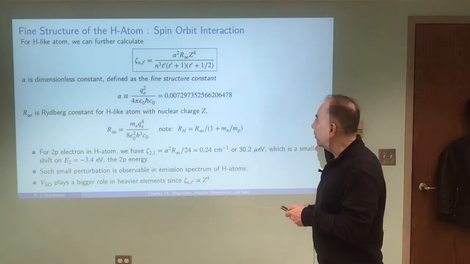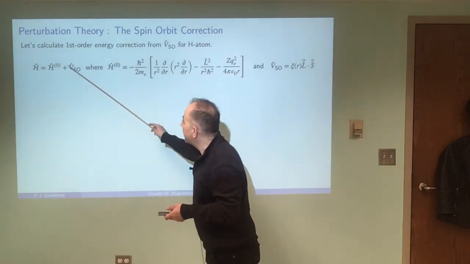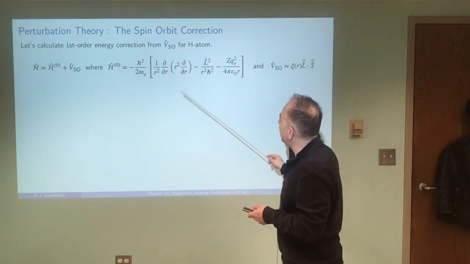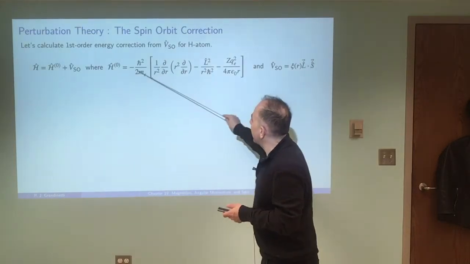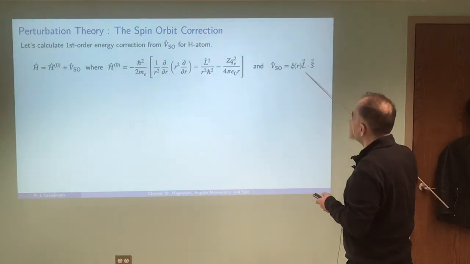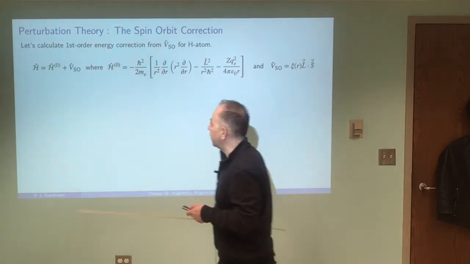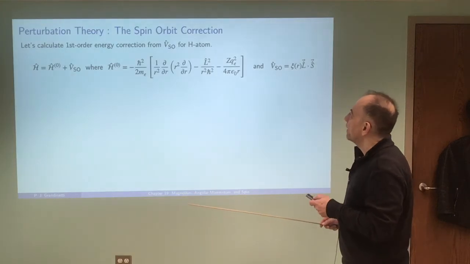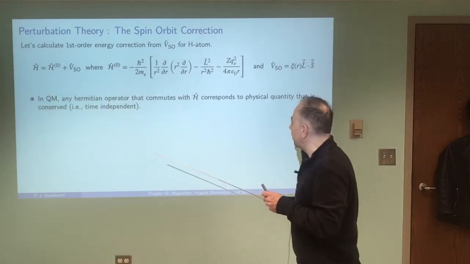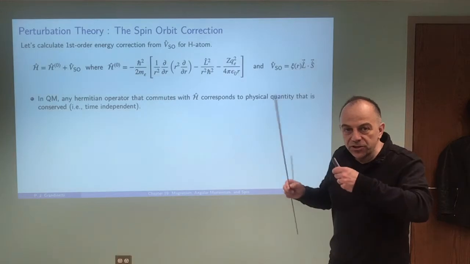So if I take those two terms together, the spin-orbit coupling and my zeroth order Hamiltonian, which is the Hamiltonian without the spin-orbit coupling present that we learned in the last chapter, and I combine these two terms, then I get the total Hamiltonian for my system. Now, in quantum mechanics, we know that any Hermitian operator that commutes with the Hamiltonian corresponds to a physical quantity that is conserved, that's not varying in time.